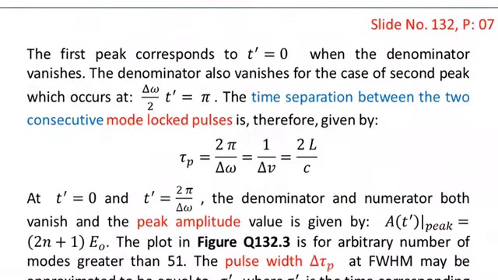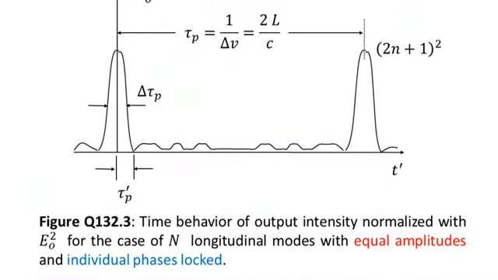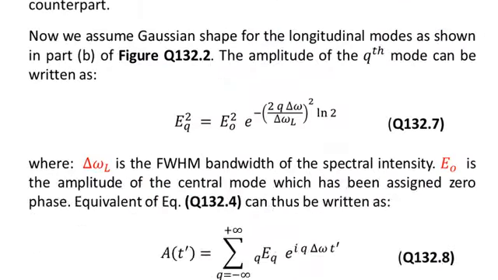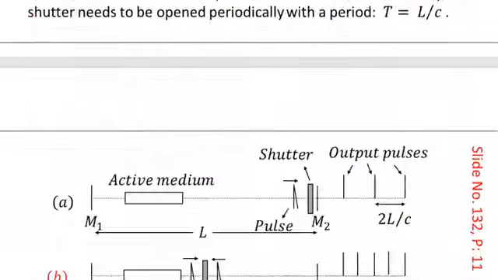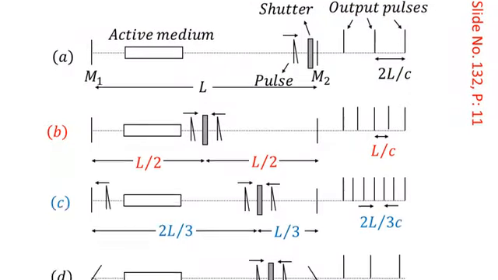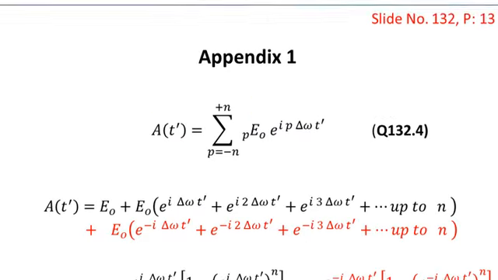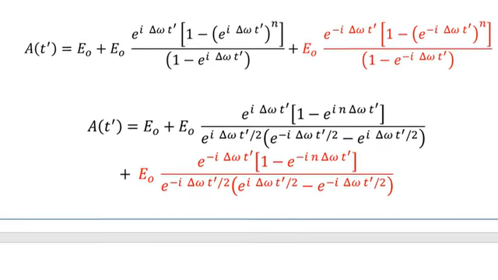In the case of the output intensity from a mode locked laser, the output intensity of the peak will be proportional to 2n plus 1 squared. But when we have an unmode locked laser, the output intensity will be proportional to only 2n plus 1. The proof of this can be seen in appendix number 2.